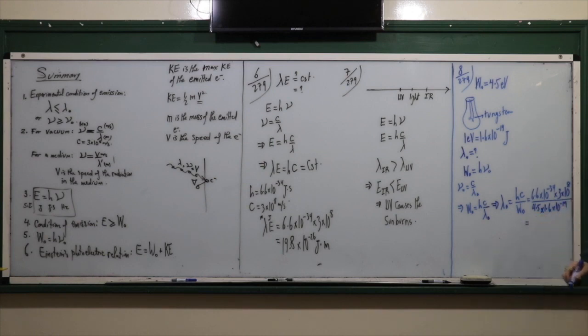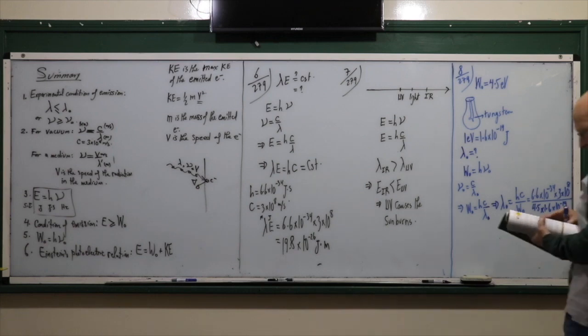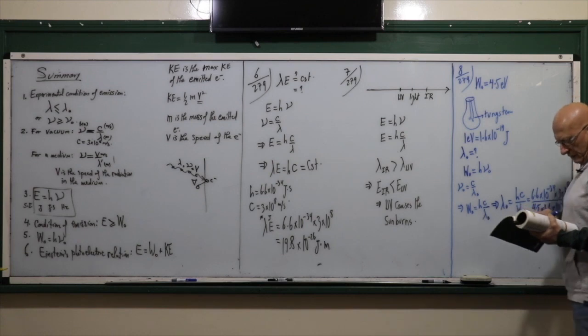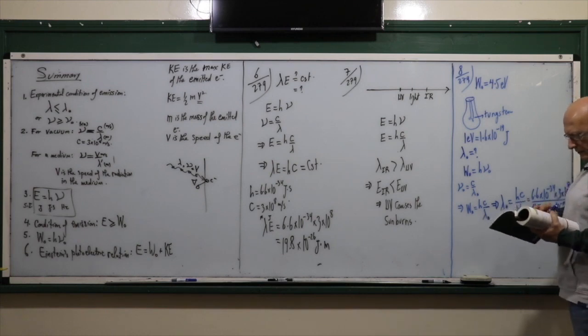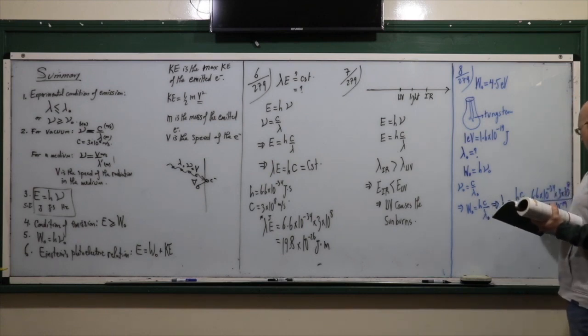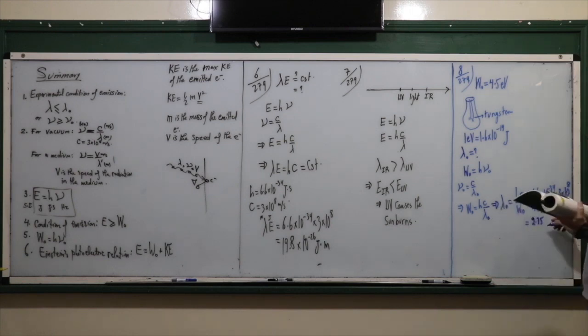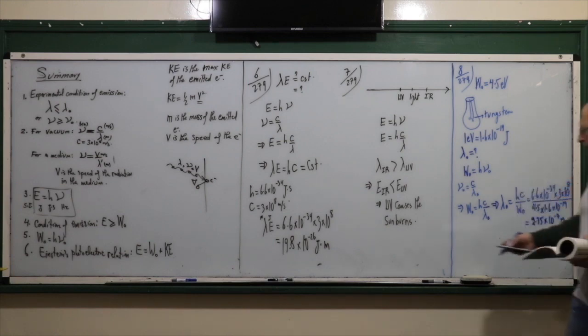So you get 2.75 times 10 power minus 7 meter.